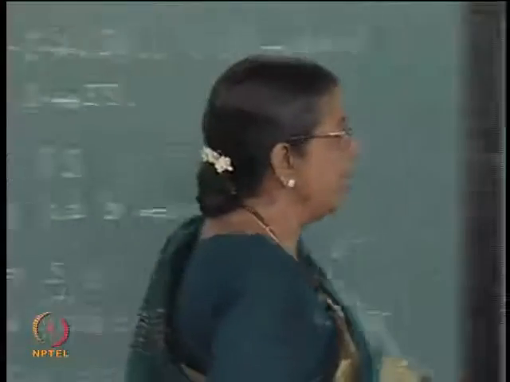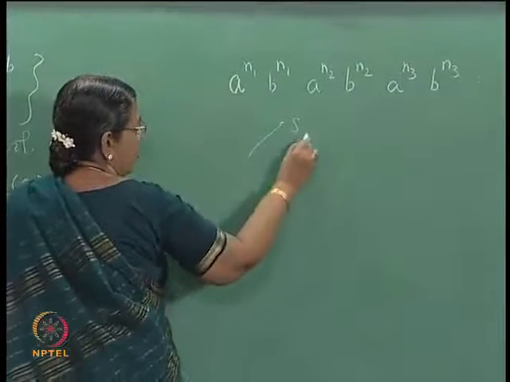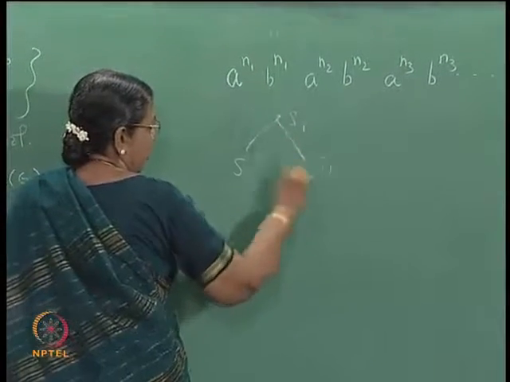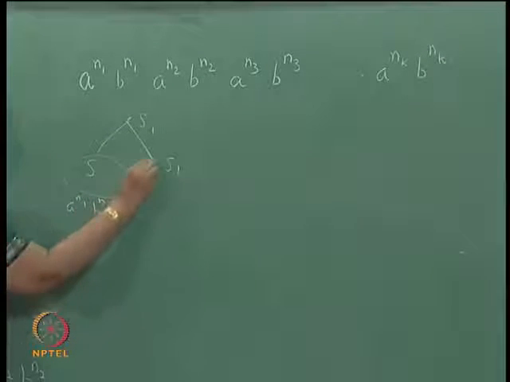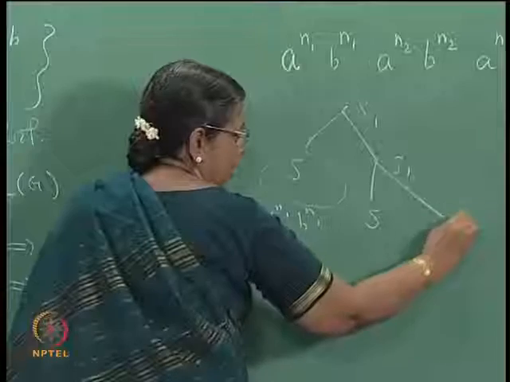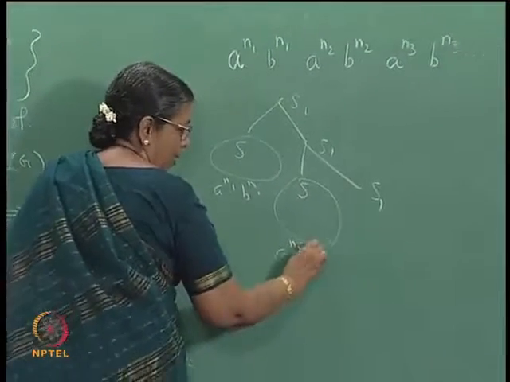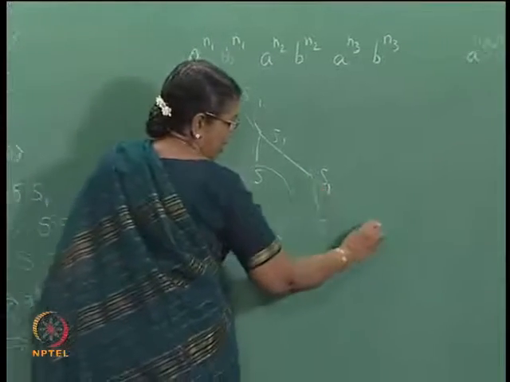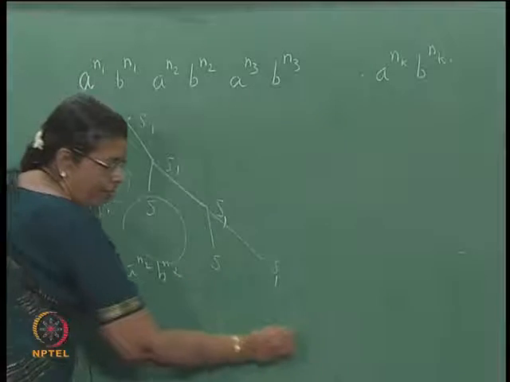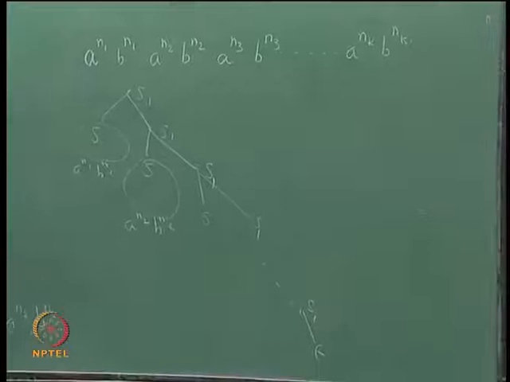Okay. The derivation tree will be like this. From S1 you generate S S1. From this S you can generate A power n1, B power n1. From this S1 again another S S1. From this S you can generate A power n2, B power n2. Then from this again another S1, like that. Finally the S1 goes to epsilon. The derivation tree will be of this form.